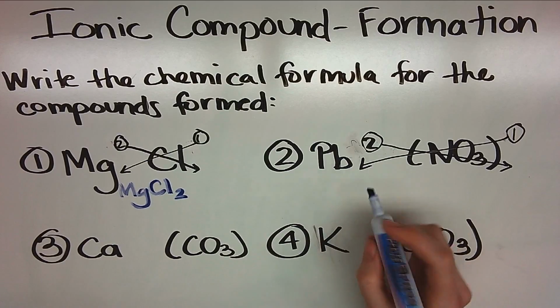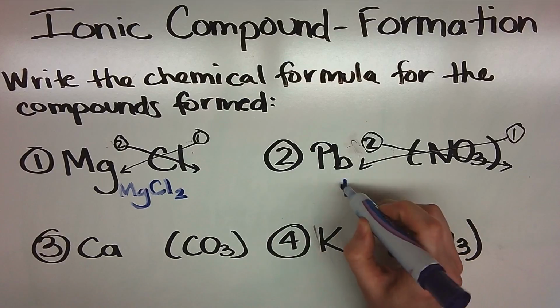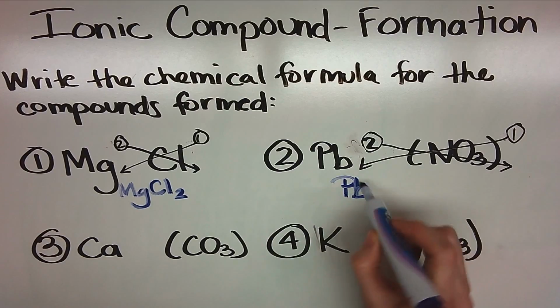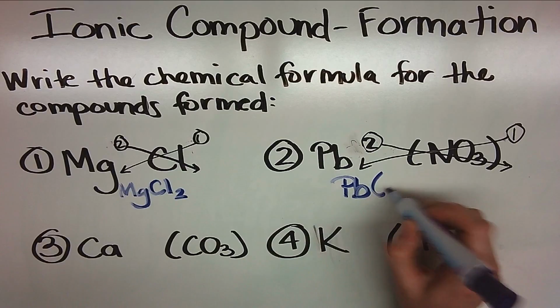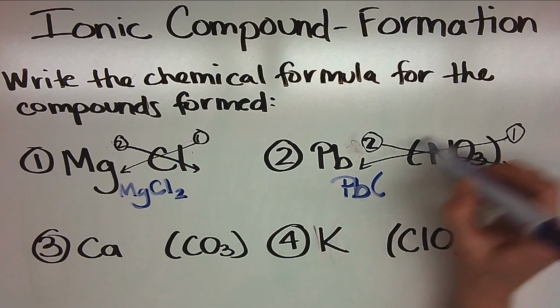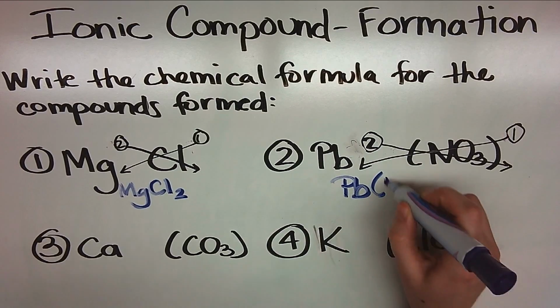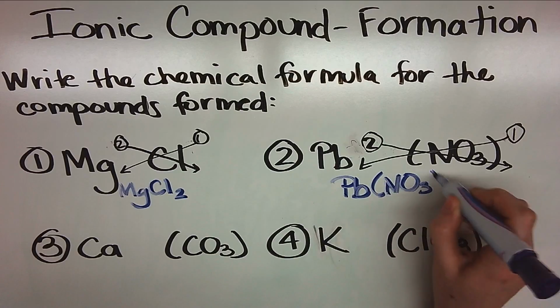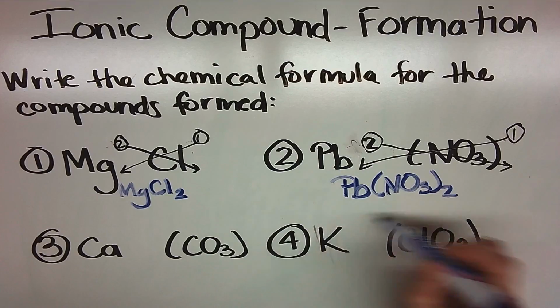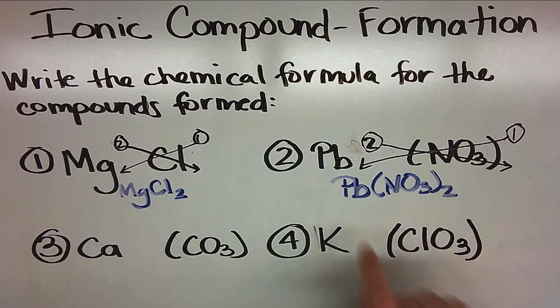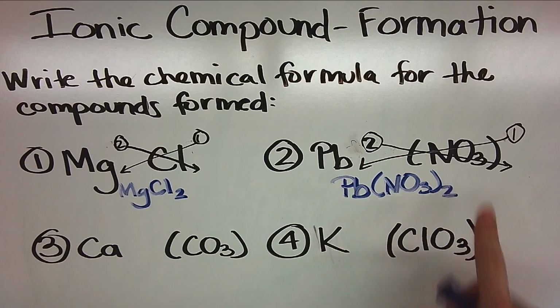So for example, with this first compound, Pb is lead and I just have 1, so it's understood if I leave Pb like that there's just 1 in the compound. Then I have 2 of this whole group. So I have 2 of this polyatomic ion in this compound. This is called a nitrate. So in this whole compound I have 1 lead and 2 whole nitrate groups.